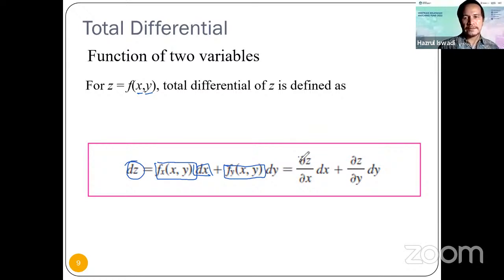So you must remember this formula because we will use it frequently.